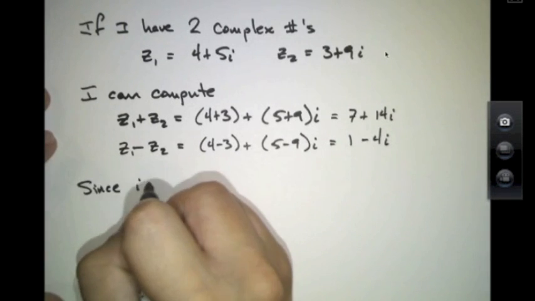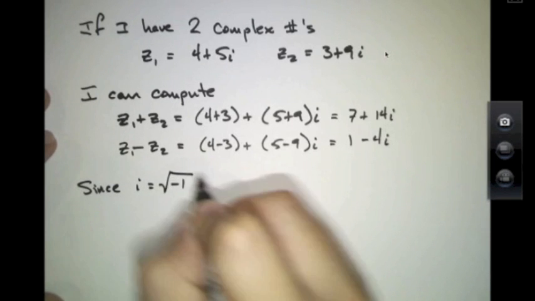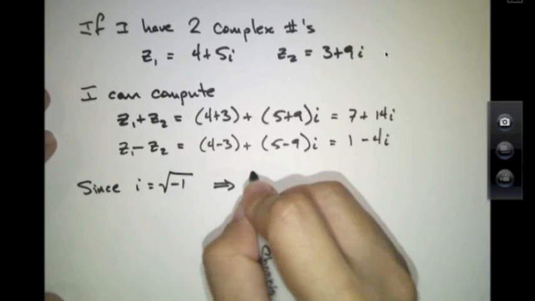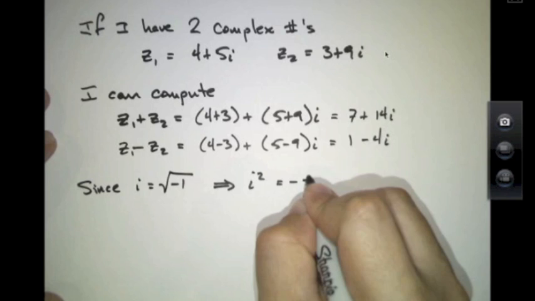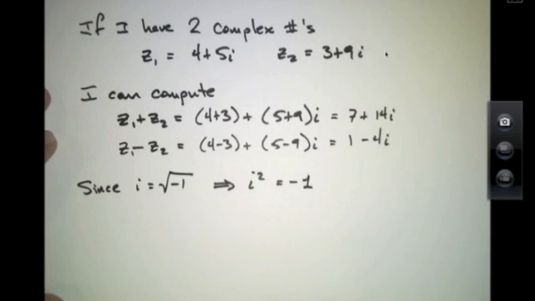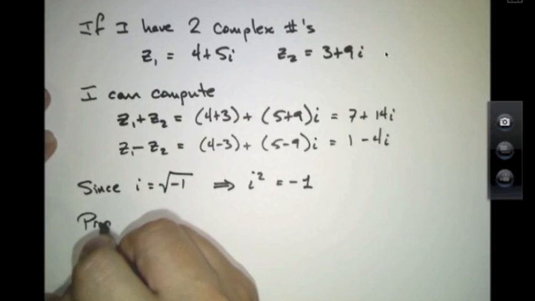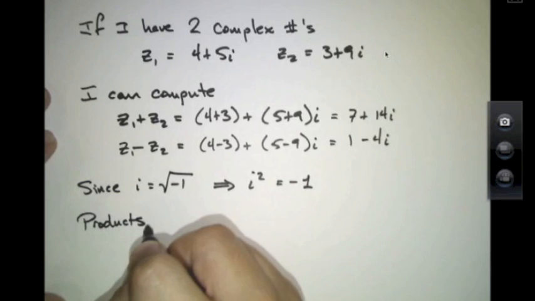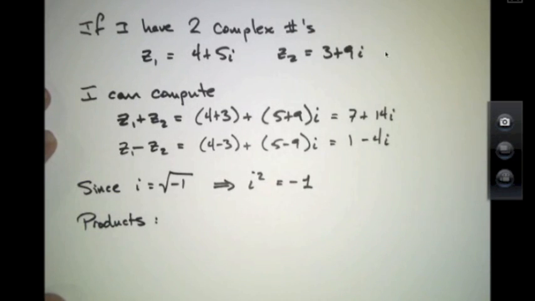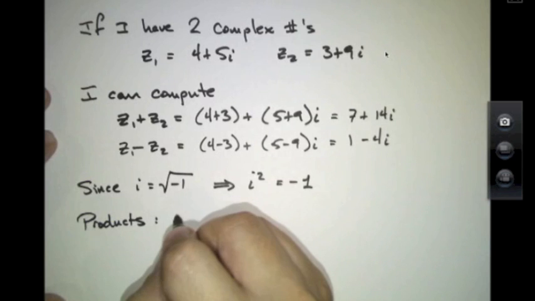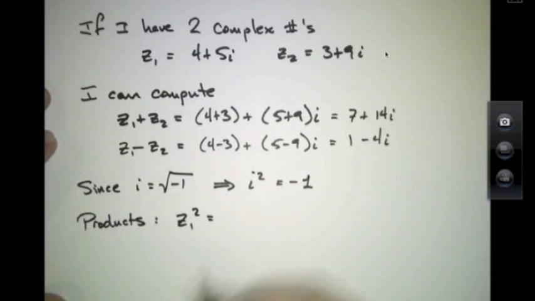Now this thing called i is defined as the square root of minus 1. So i squared actually equals minus 1. This gives a funny feature about products. So for example, z1 squared, what does that equal?